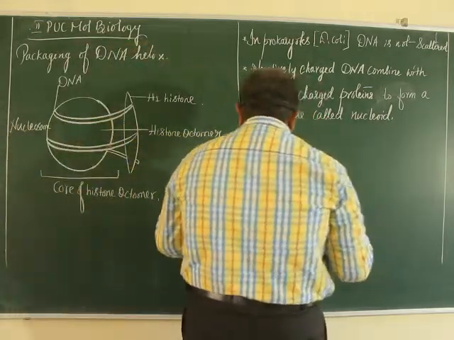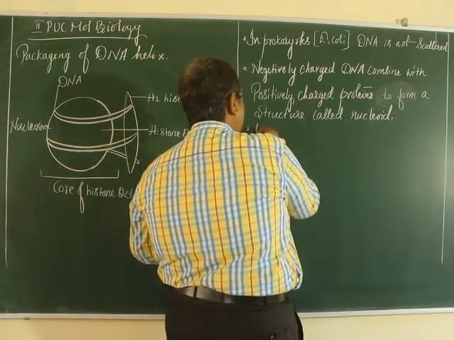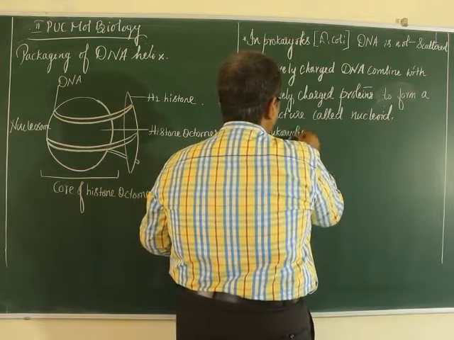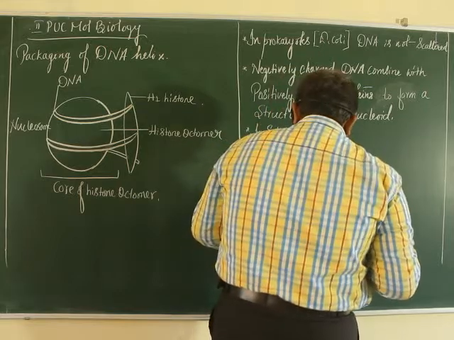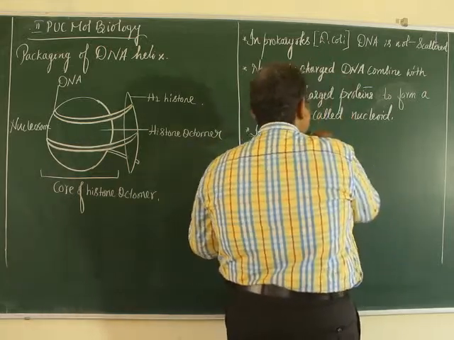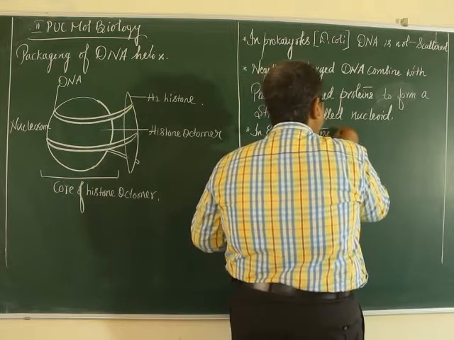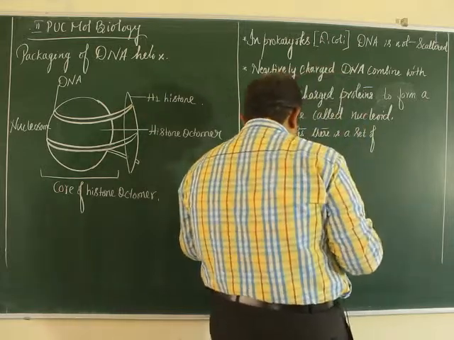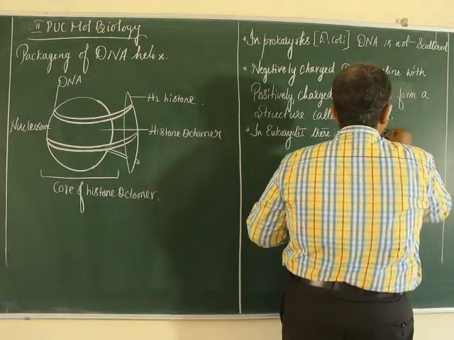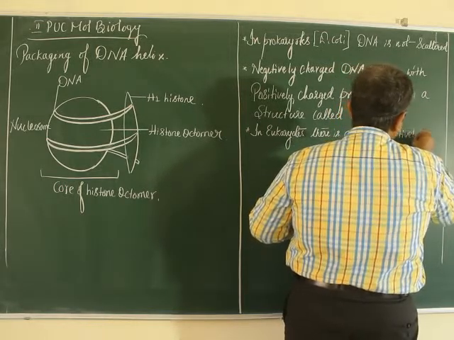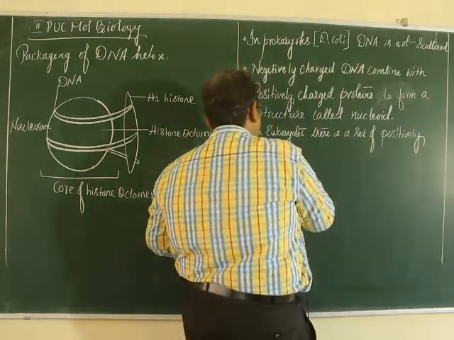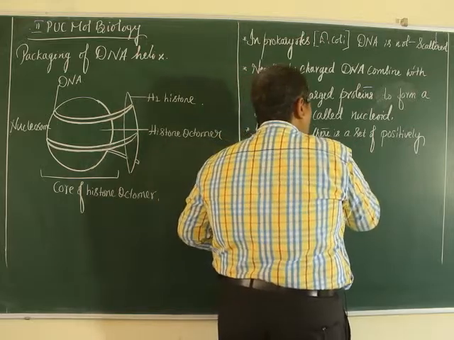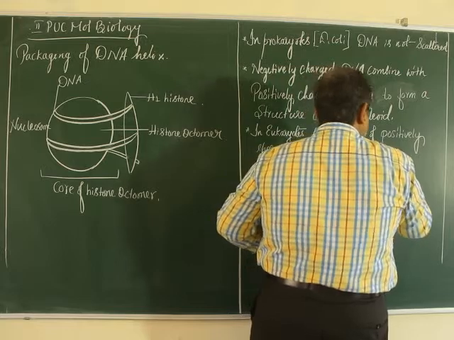On the other hand, in eukaryotes, there is a set of positively charged proteins called histones.